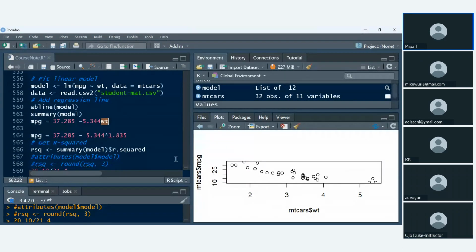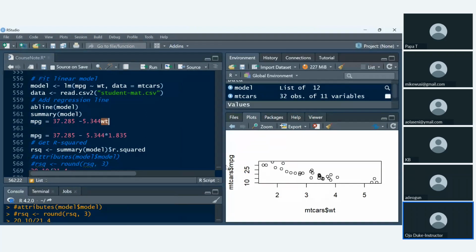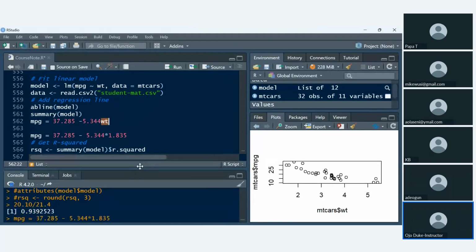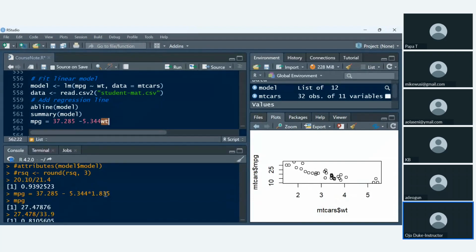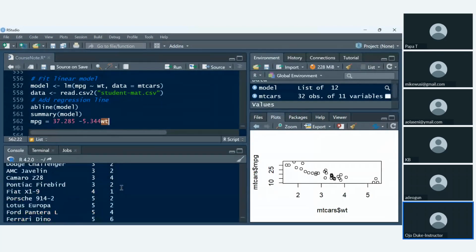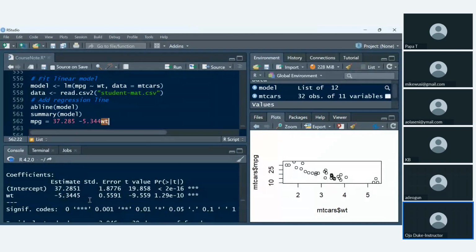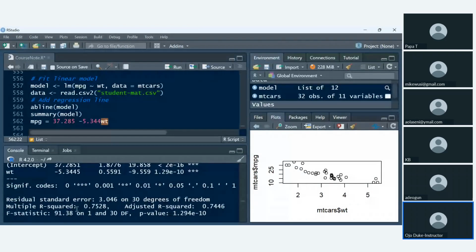But in case you went and fit a model to data that is very, very scattered, even your R squared will tell you that this model is not too accurate. In our case, in fact, we are using an R squared of 75%, 0.75.